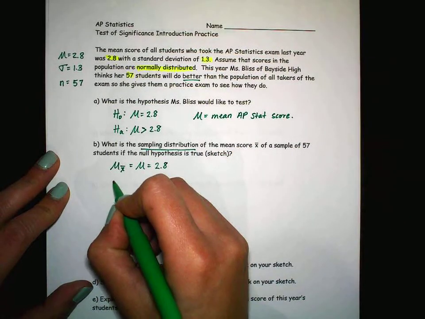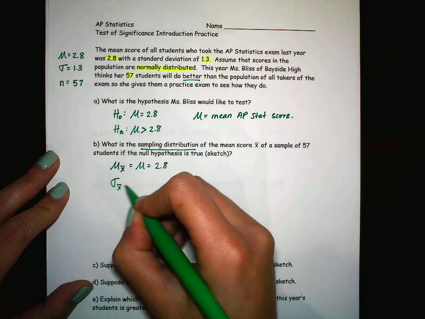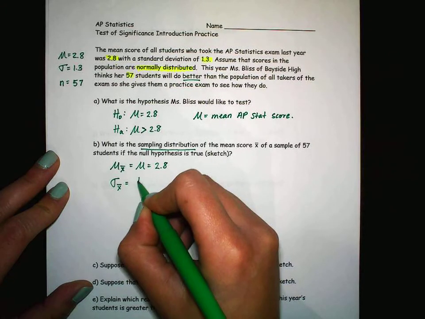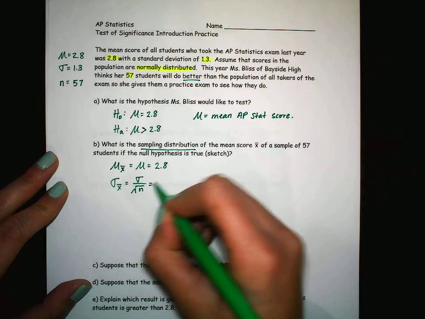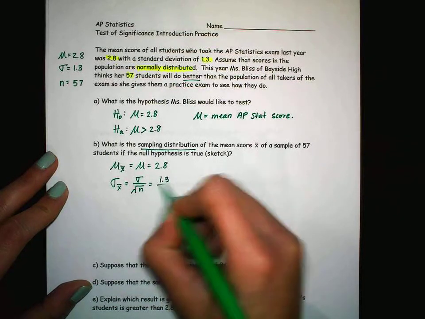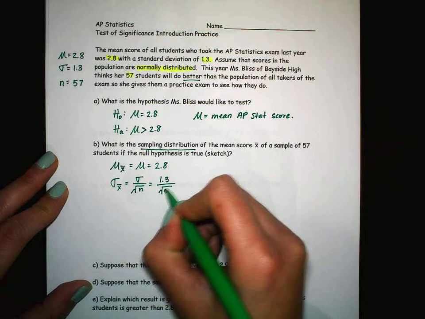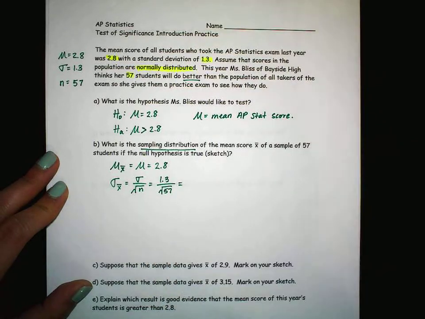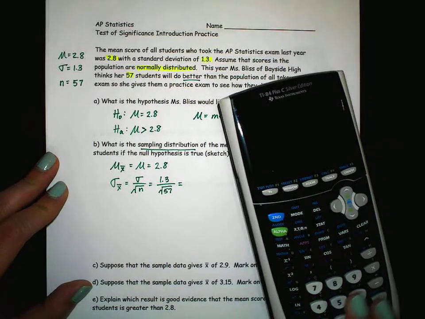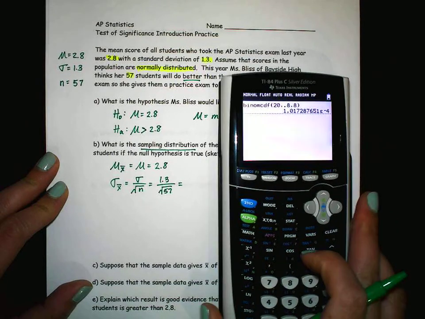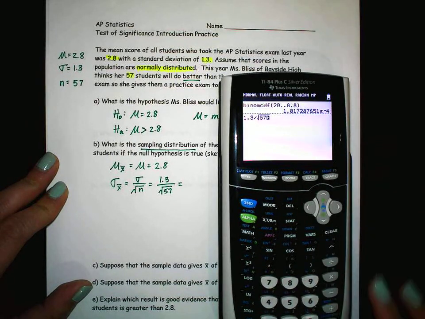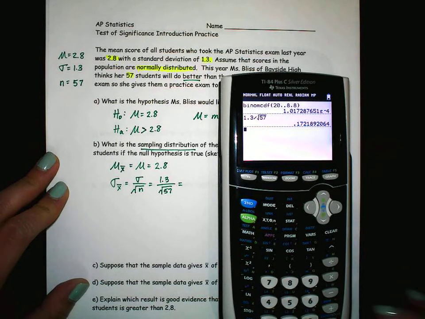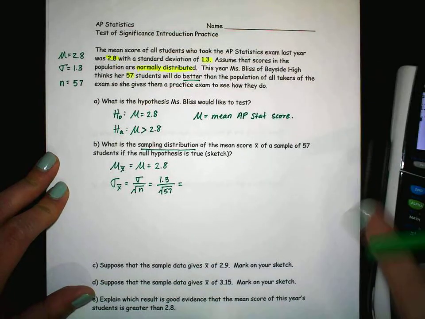However, the deviation of the sampling distribution is a little bit different. Okay, remember these are all in your formula book. So we have to take this 1.3 and divide it by the square root of 57. Let me go ahead and plug that into the calculator. All right, I'm going to round to 2 decimal places, 0.17.